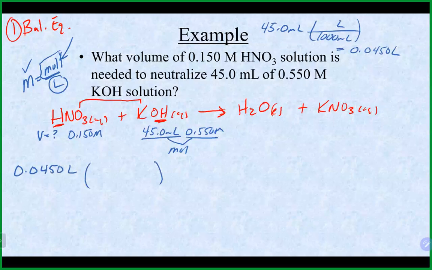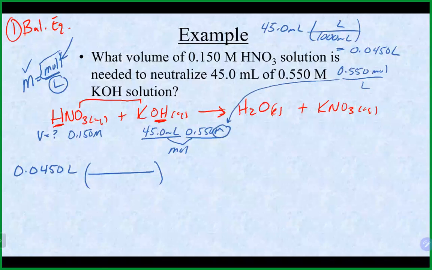We will use that to convert into moles, which is our second step in our stoichiometry problem. We're going to use our molarity. Remember to also get rid of the big M and use moles per liter so you can see both of the units. So 0.55 big M means moles per liter is how you would want to use it, rather than just the big M where you forget about the actual liters part. So in this case, we want the moles up on top, liters on the bottom, for KOH.